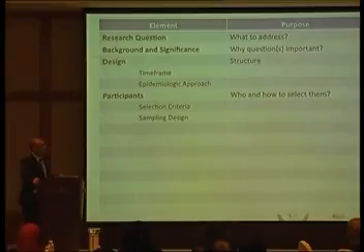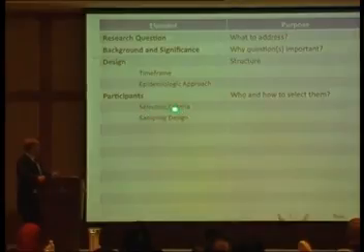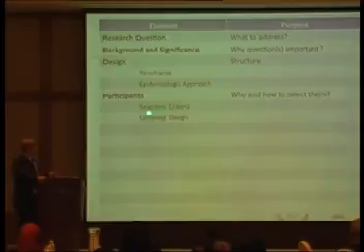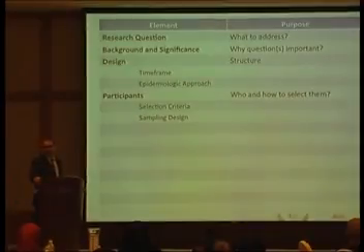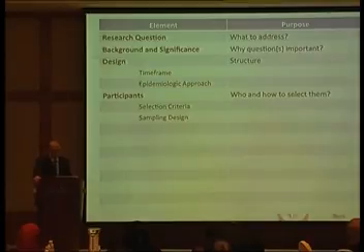So the researcher needs to set up some criteria on selecting those. These are the who, and how to select them is the sampling design. You need to know how to select these participants.